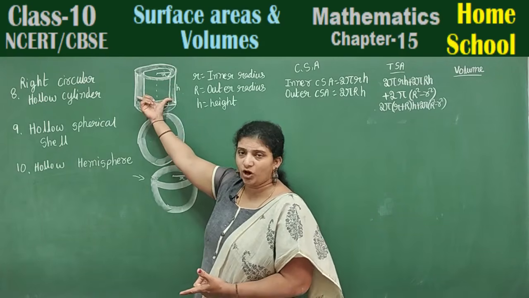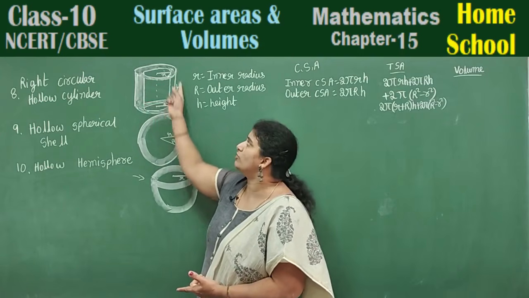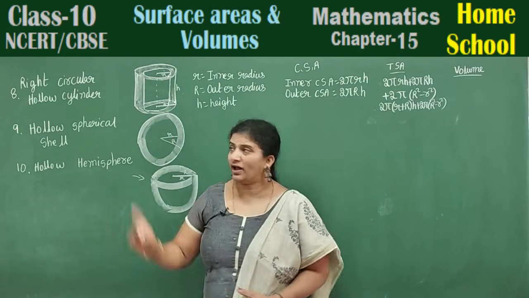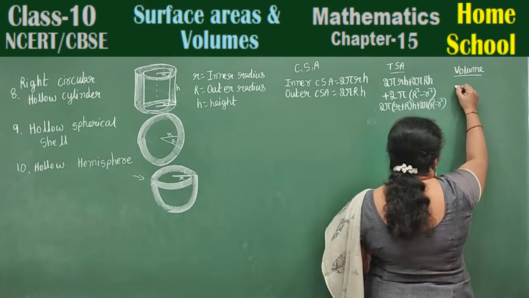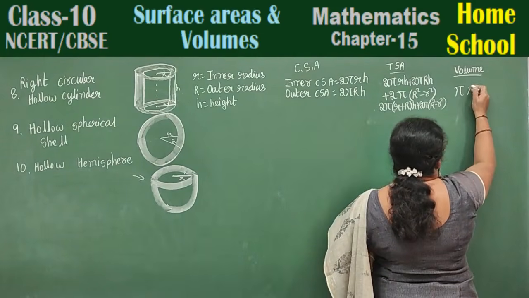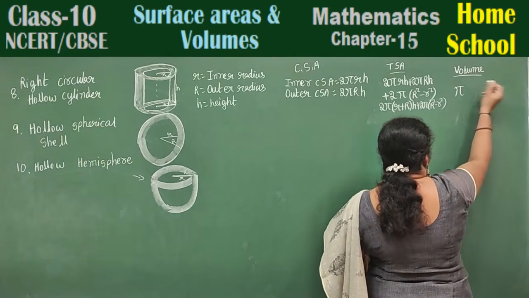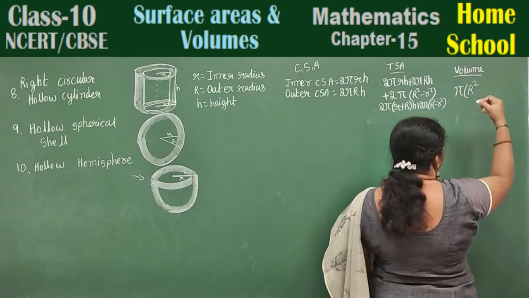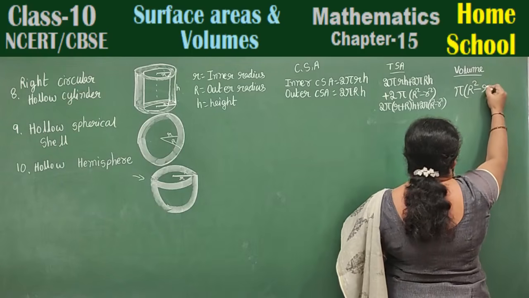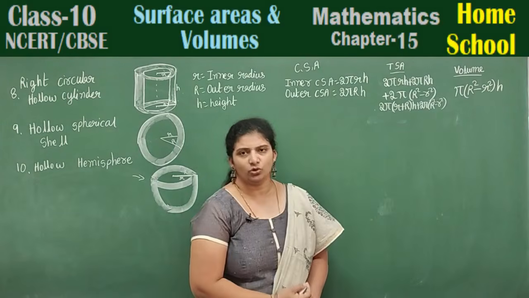Outside cylinder volume minus inside cylinder volume gives the volume of the thickness, which you have shaded here. So we take it as pi into (capital R square minus small r square) into h cubic units.